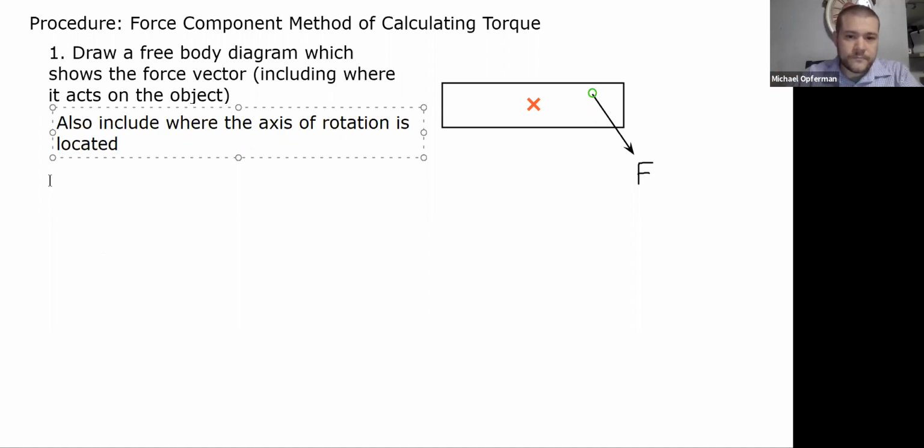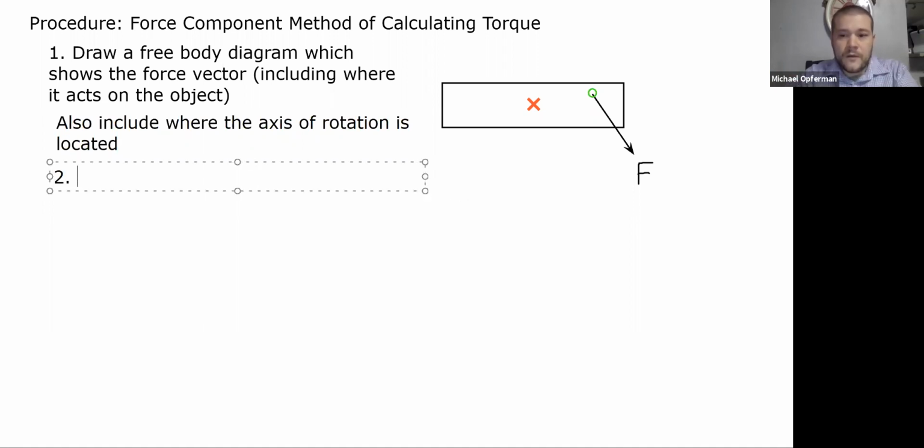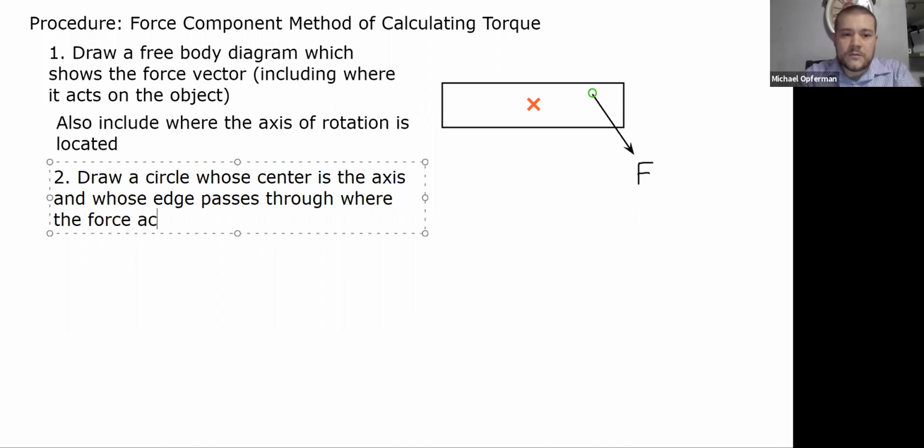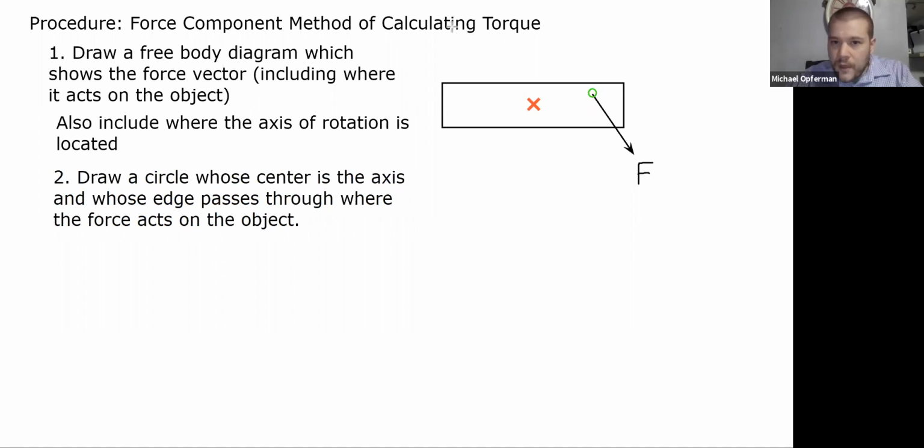Okay, now what do we do? Step two, in my method: we want to draw a circle whose center is the axis of rotation and whose edge passes through where the force acts on the object. So in the picture that I'm drawing here, that circle would be something like this.